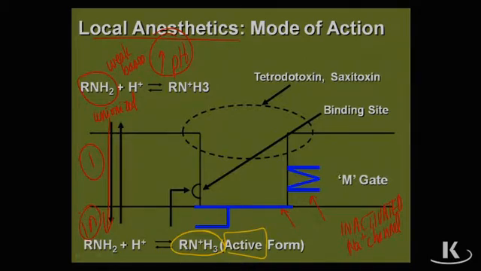Inside cells, the pH is always slightly acidic secondary to metabolism, and that slight acidity is plenty enough to make the weak base more RNH3+. Then the final aspect will, of course, be what is the actual target of the drug. And the target of the drug is the inactivated sodium channel.